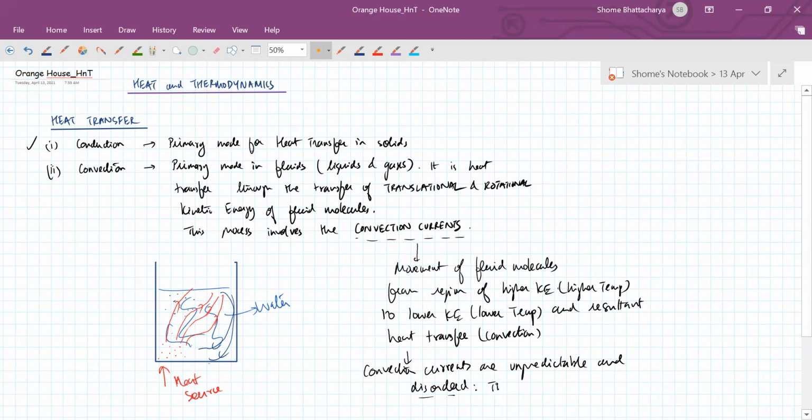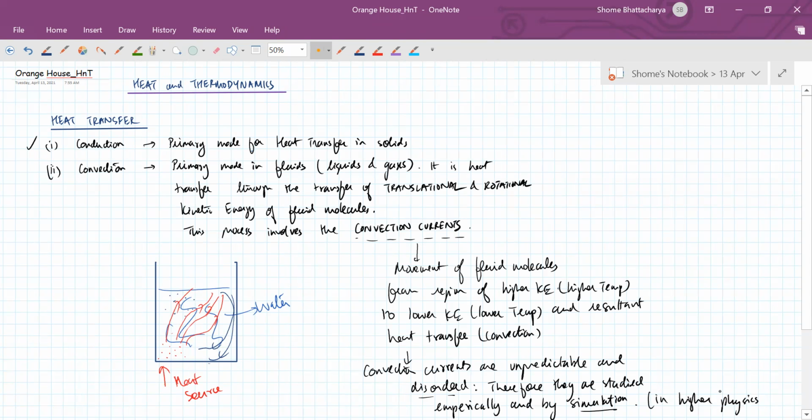So therefore, they are studied empirically, that means experimentally, and by simulation, in higher physics, okay, not at our syllabus level.